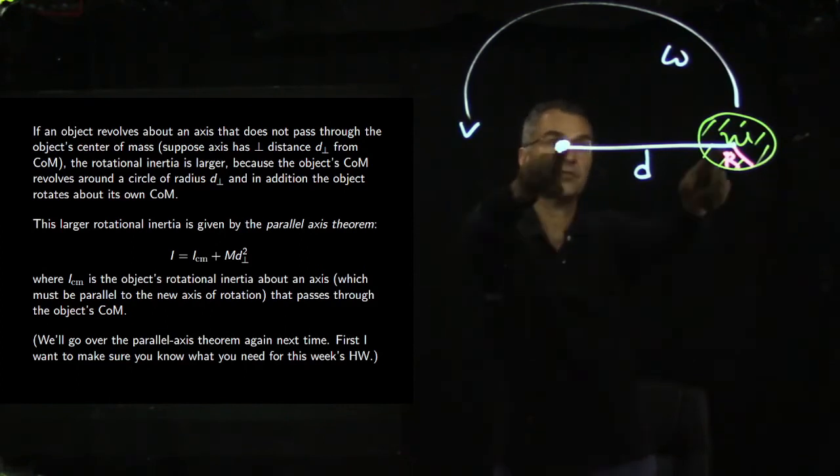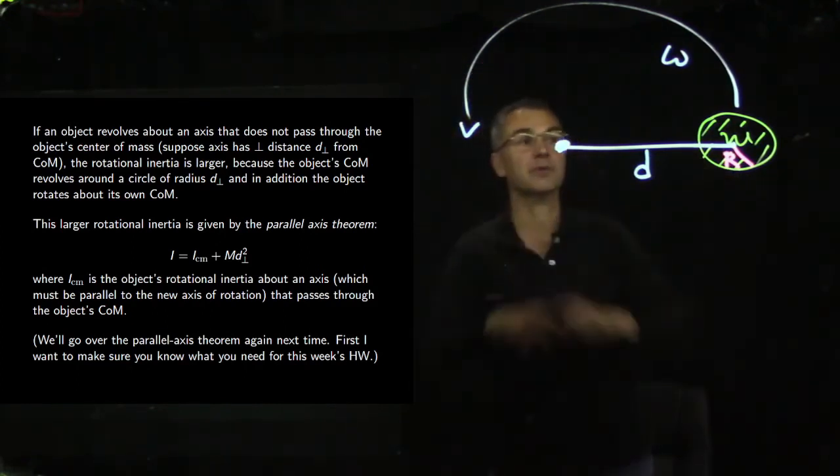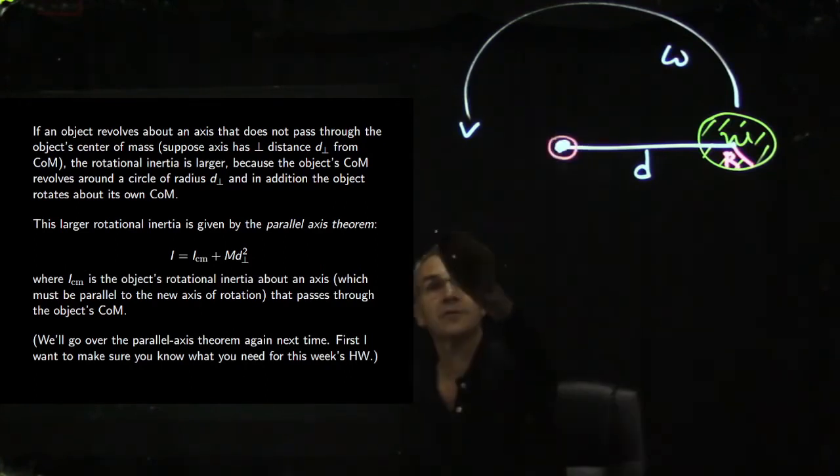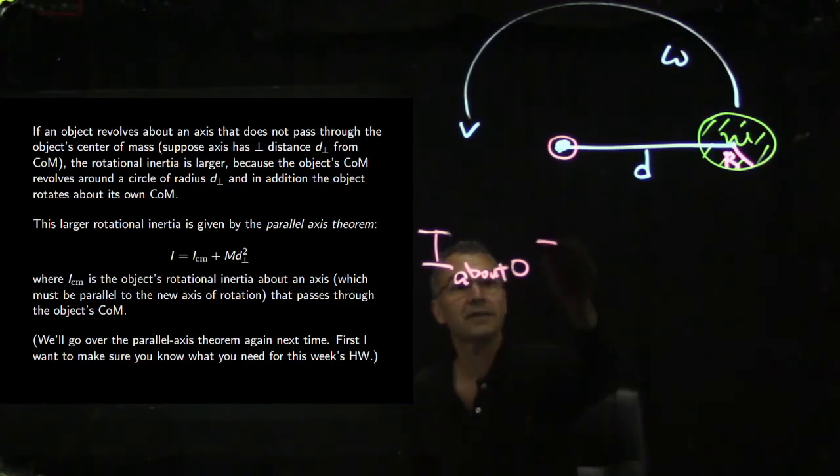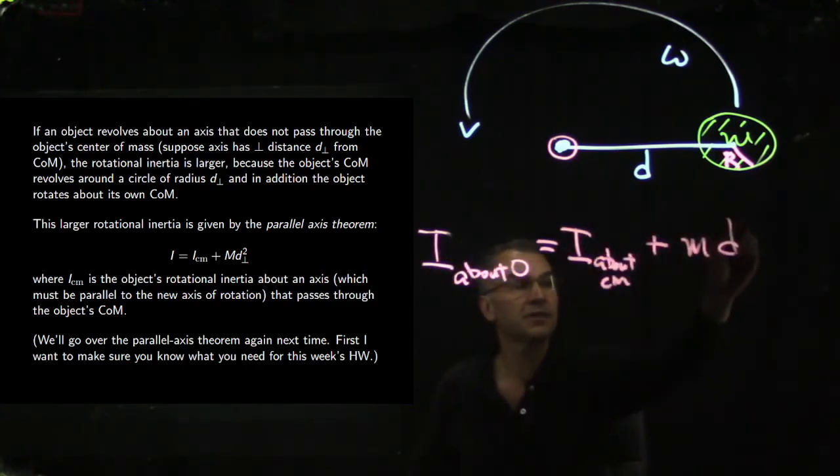But a shortcut is to use the parallel axis theorem. And if you use it, then you can treat all of the motion as if it were rotational. So then we have I about this displaced axis is I about the cm plus m d squared.